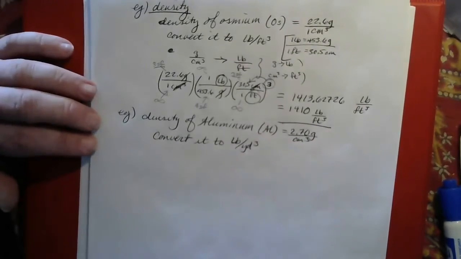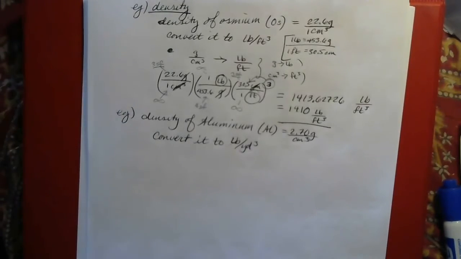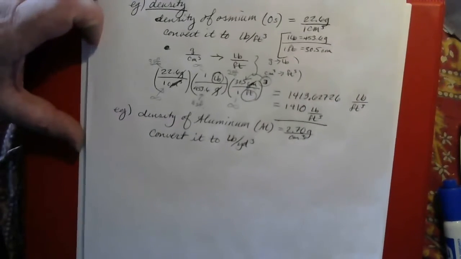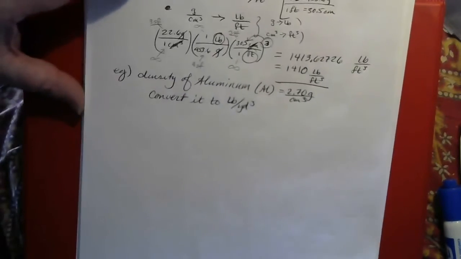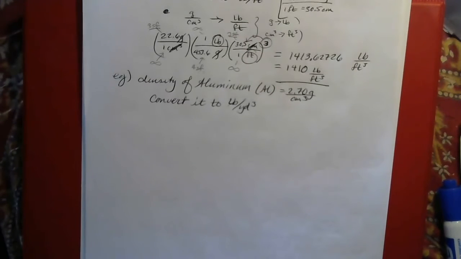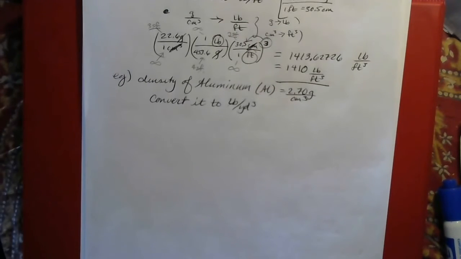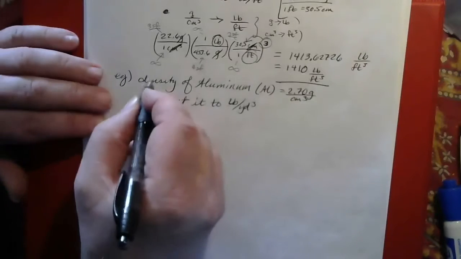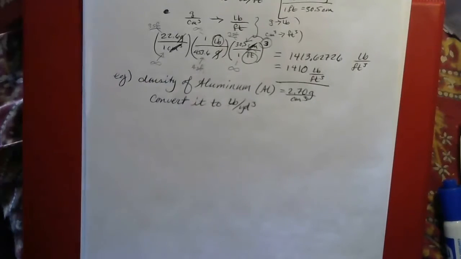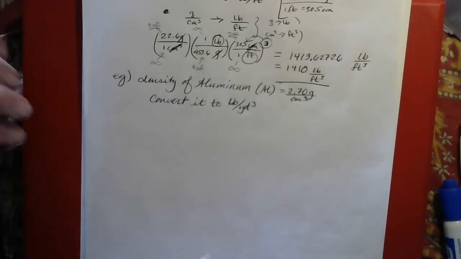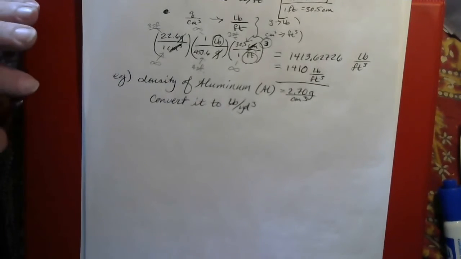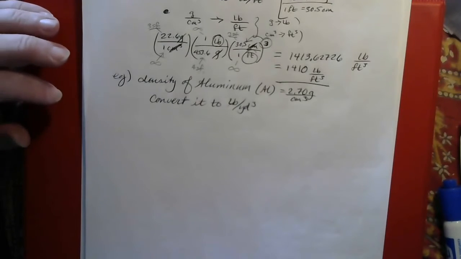So why don't we try converting that to something that's relatable, like pounds per cubic yard. Okay, so pounds per cubic yard for aluminum. We'll see how that compares to a cubic foot of osmium. So you might want to pause the video now, give it a try, see if you can come up with a reasonable answer, and then we'll compare.